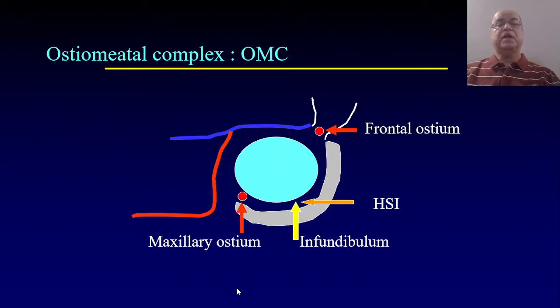So this is a transverse section of the same, that this is the bulla ethmoidalis. This is the uncinate process which forms the floor and medial wall of the infundibulum, and the deepest part of the infundibulum is hiatus semilunaris, in which the anterior group of paranasal sinuses open.